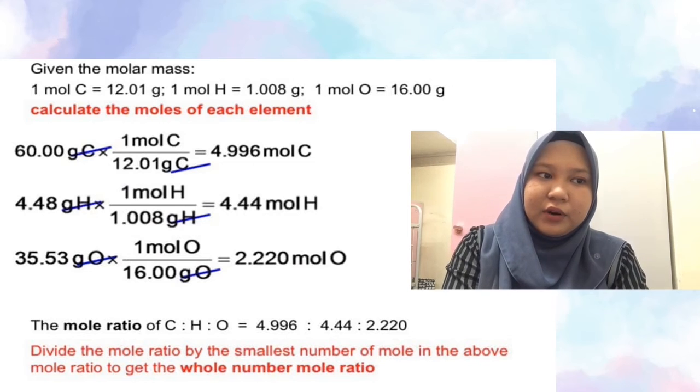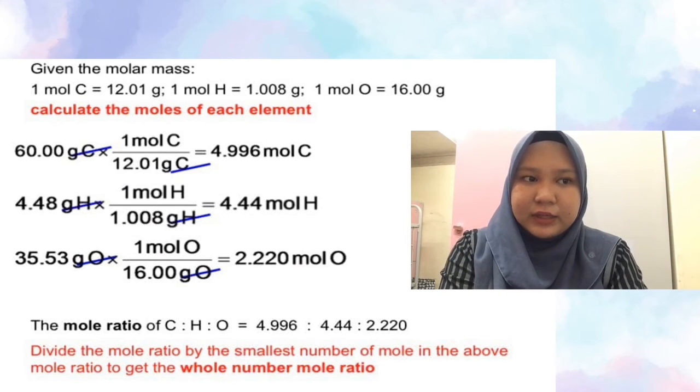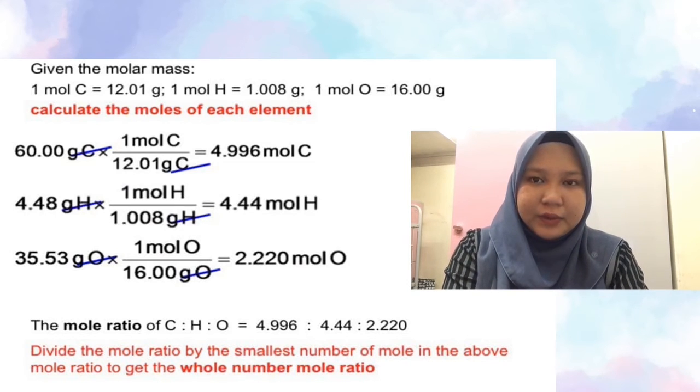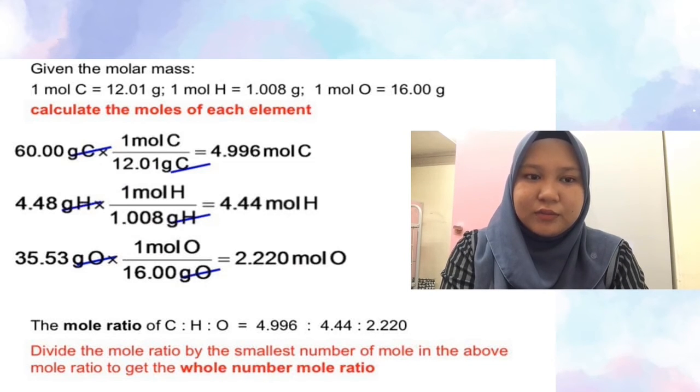Then 4.48 grams hydrogen divided by 1.008 grams per mole equals 4.44 moles hydrogen. And last, 35.53 grams oxygen divided by 16 grams per mole equals 2.22 moles oxygen.